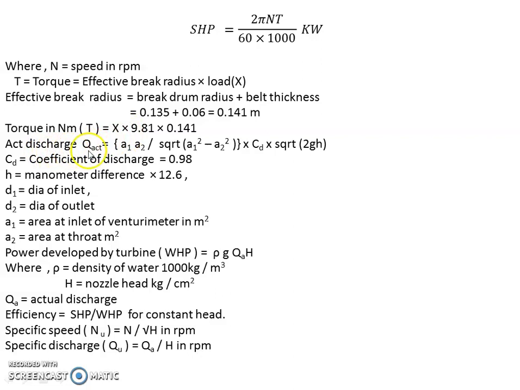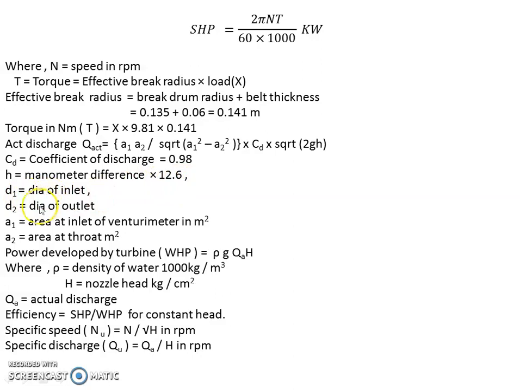Then find out actual discharge using the formula Q actual equal to A1 A2 divided by square root of A1 square minus A2 square into Cd into square root of 2gH. So this formula is used for venturimeter. We know the coefficient of discharge for venturimeter as 0.98, and H is to be found out by knowing the manometer difference, which we have noted down in the tabular column, and multiply it by 12.6.